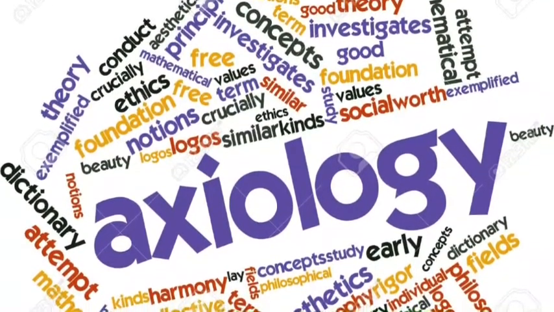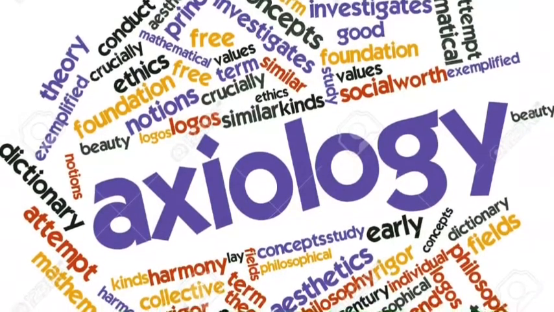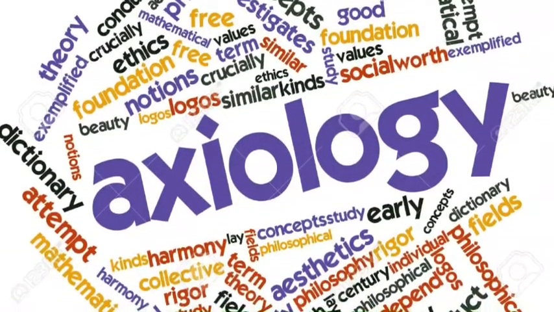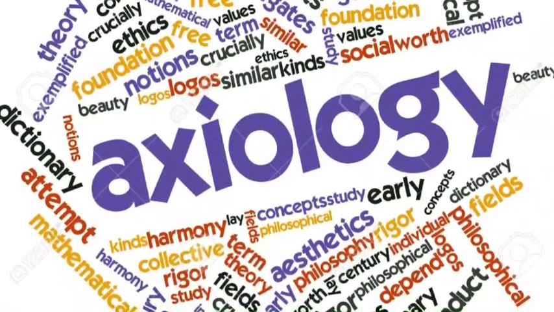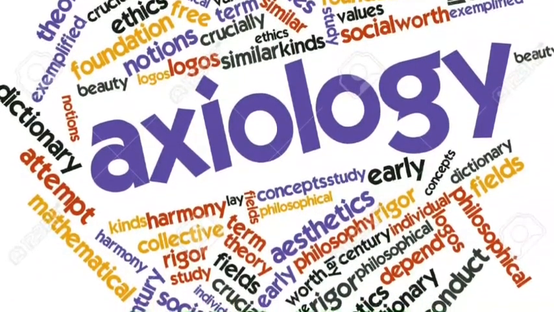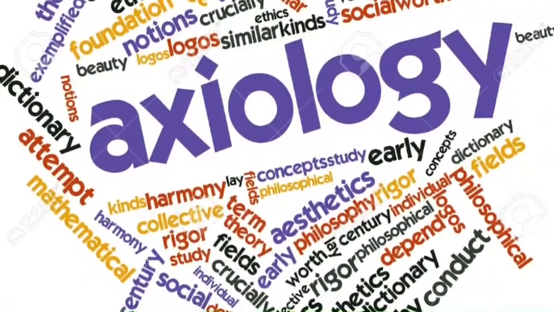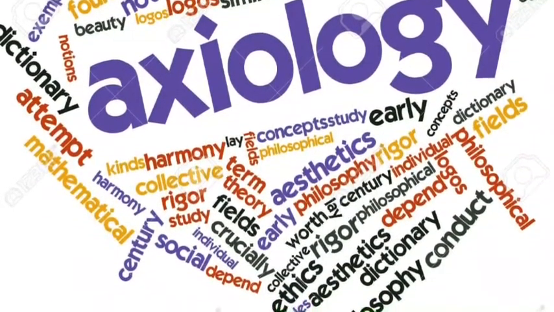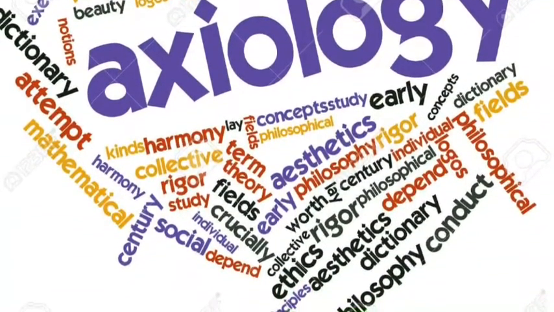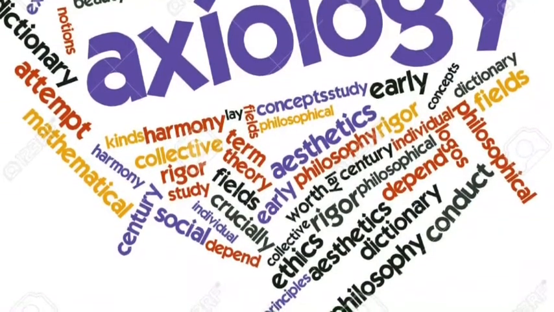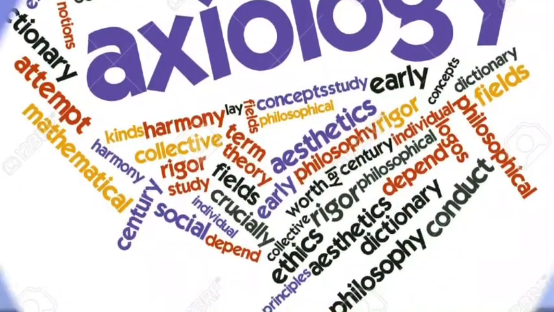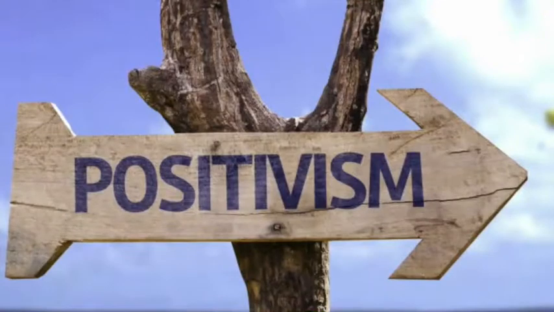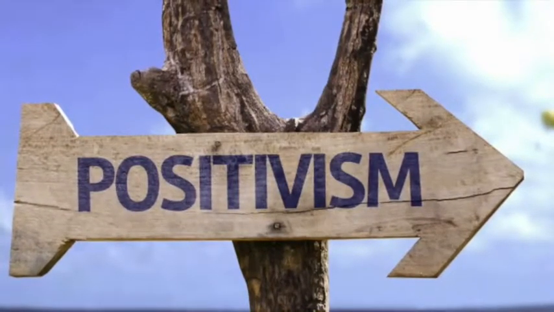So the axiology usually explains why a researcher behaves in a certain way as they do a particular study or as they seek certain knowledge. So the ontology, the epistemology, the methodology, the methods, and the axiology, all these are the components of a philosophy, a worldview.